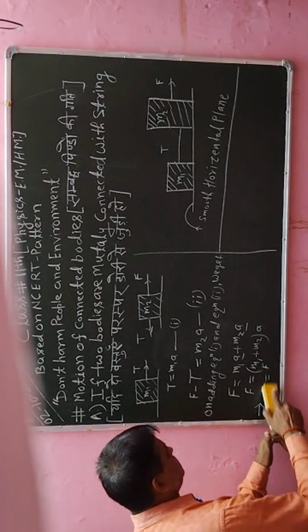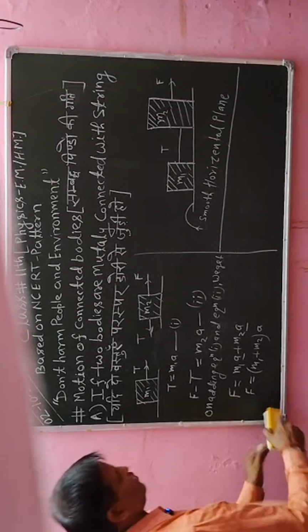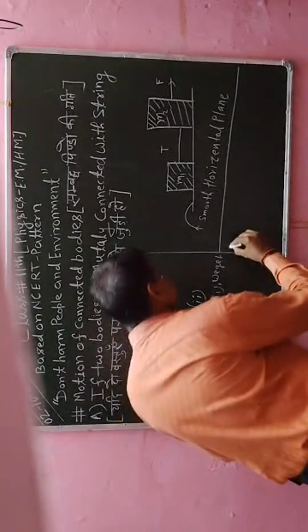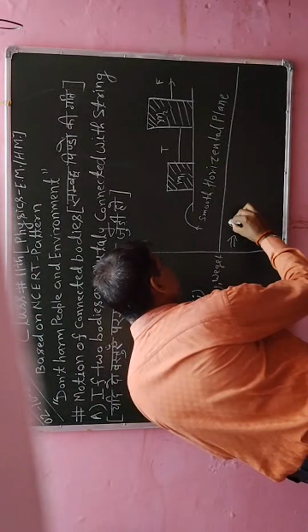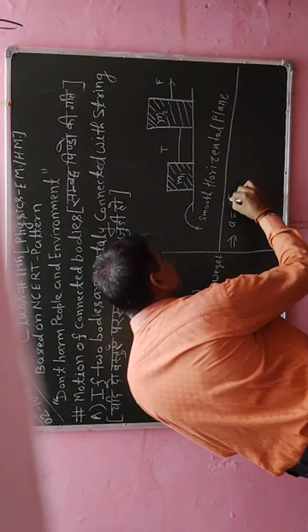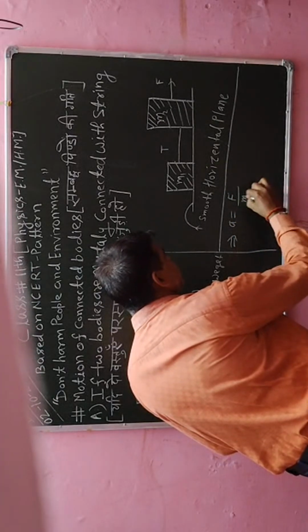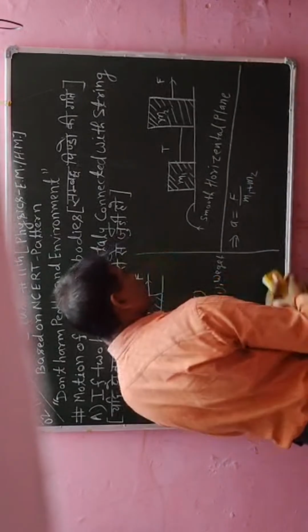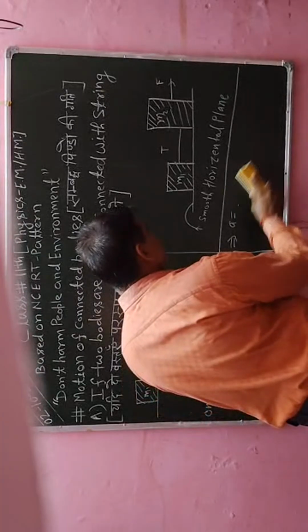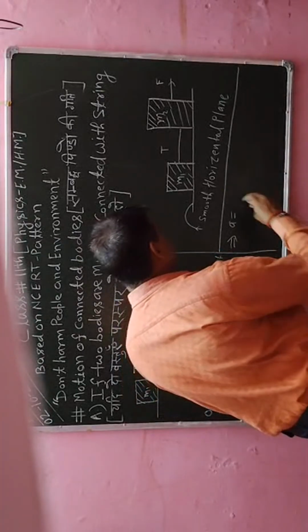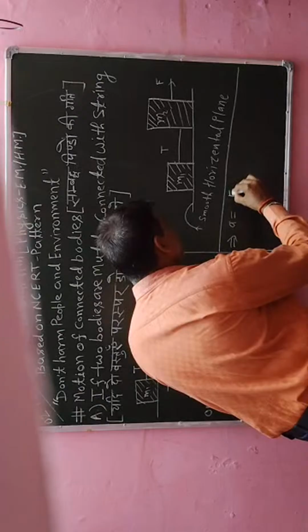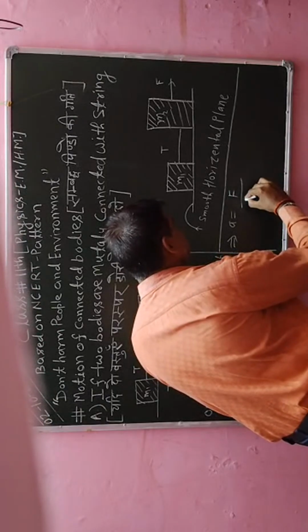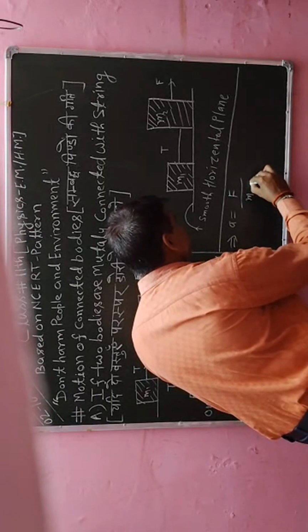Here there is no space, so I have to write there. So properly I have to write it here, so each and every student has to know the concept clearly.